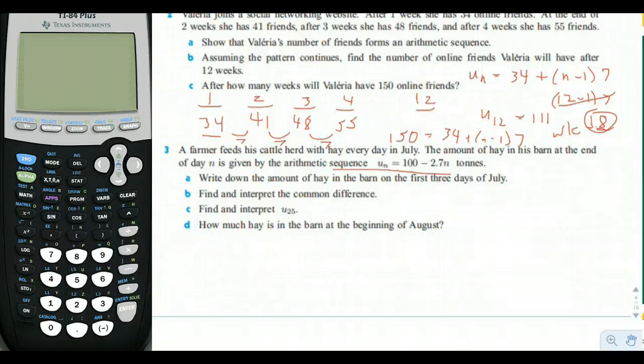Well, the first day, if n equals 1, then U1 is equal to 100 minus 2.7, which would be 97.3. And for n equals 2, it would be 2.7 times 2.